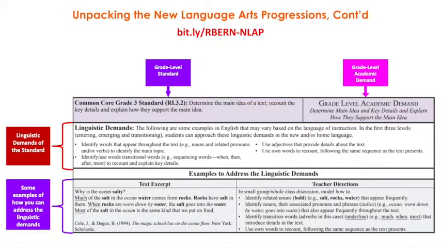Underneath the linguistic demands, some examples to address the linguistic demands are displayed. These are examples and ideas for teacher directions and modeling, along with a text excerpt. In this example, the teacher directions say, in a small group or whole class discussion, model how to identify related nouns in bold, salt, rocks, and water that appear frequently throughout the text.